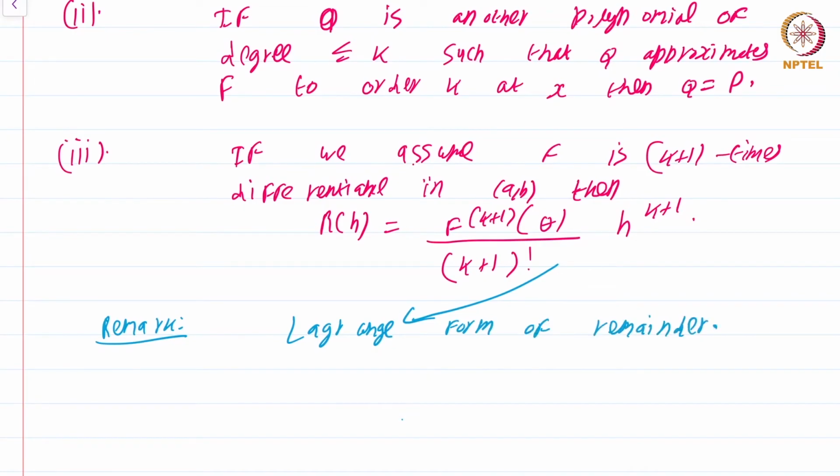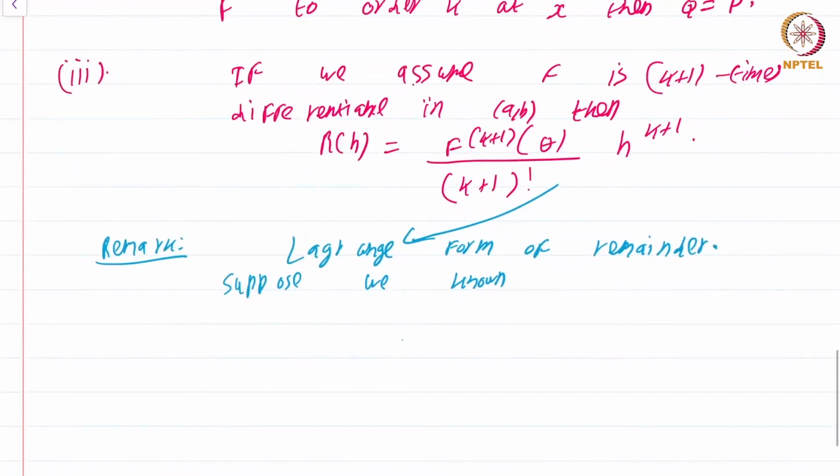It's very useful in the following sense. Suppose we know that mod f of k plus 1 theta is less than or equal to m for all theta in AB. For instance, we know this for sine and cosine. We know that the derivative of sine is cosine and the derivative of cosine is minus sine, and these just get repeated. The higher order derivatives just get repeated.